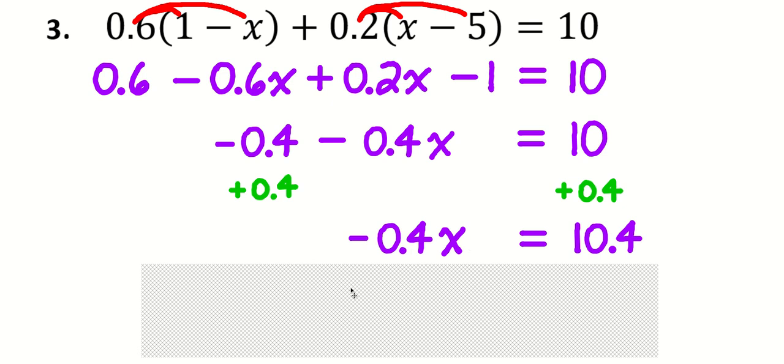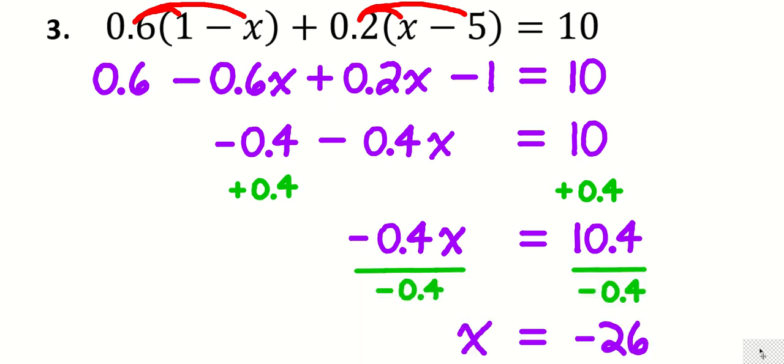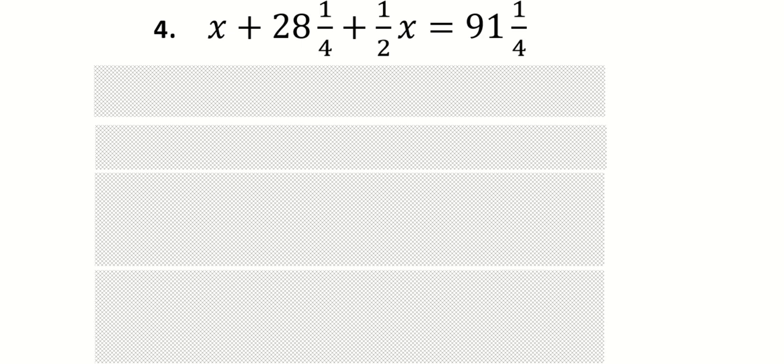So what's the opposite of multiplication? Division. And probably using your calculator, I bet I used my calculator at least once or twice on this problem, to get the final answer of negative 26. Pause if you need more time to copy all that down.